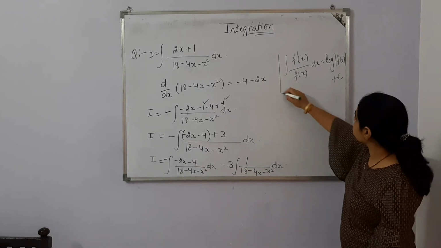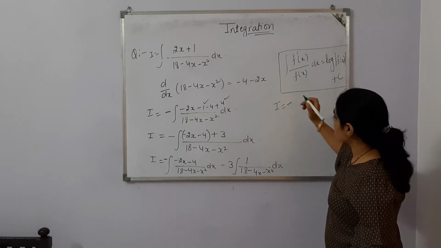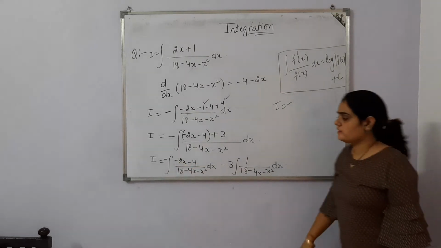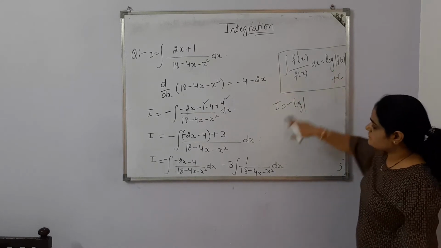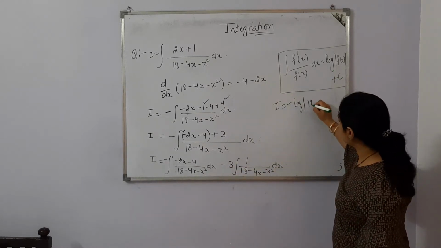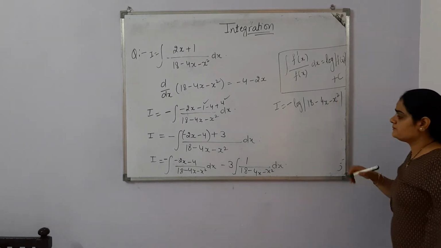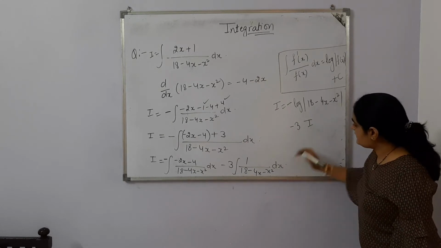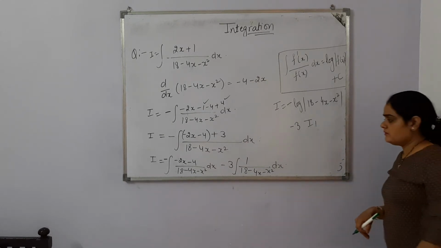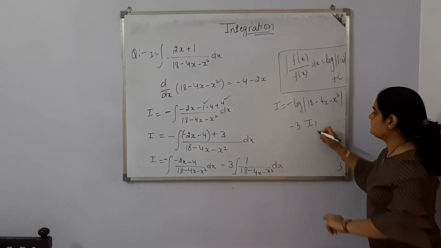So I equals minus of, because the negative sign is outside, and inside we can apply the formula log of f(x). What is f(x) here? 18 minus 4x minus x square, and minus 3 times I1, because now we'll solve I1 and after that we'll substitute here.